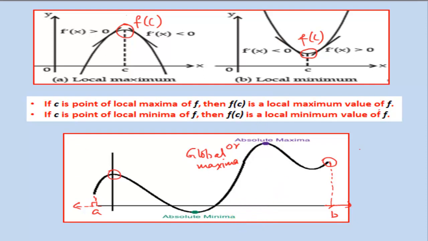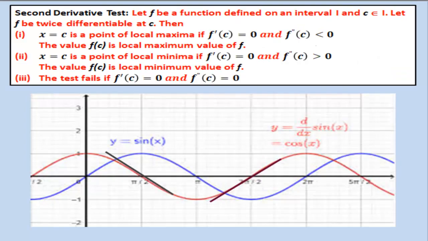Now let us see how second time differentiating a function is going to help us in optimizing a particular function. So before we go through the test, let us understand it from this figure first. You can see there are two curves drawn on this graph. One is a curve for y is equal to sin x, which is done by blue ink, and then another curve is cos x.